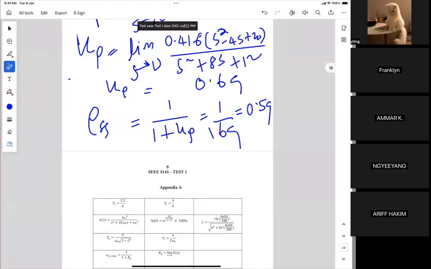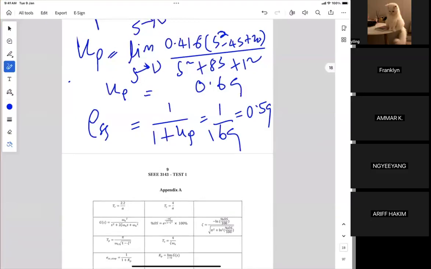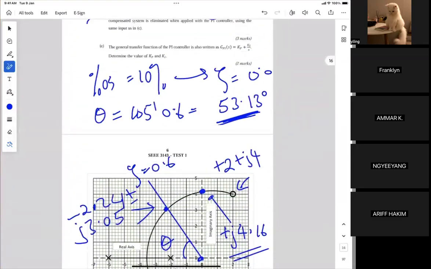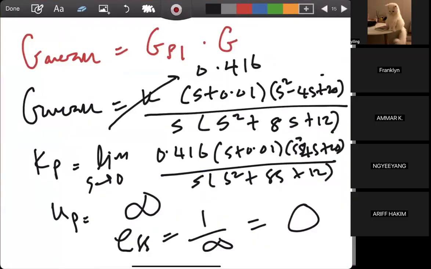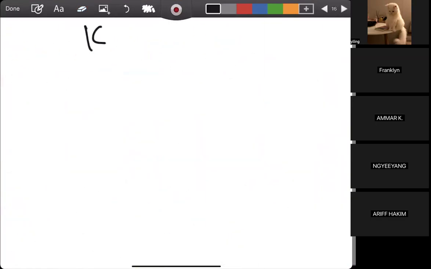And finally, the general transformation of the PI controller is shown. Macam tadi, okay, determine the Kp and Ki, right? This is very important because you need to find the Kp value and Ki value to be inserted inside the hardware or inside the software of the computer for digital PI controller. Okay.